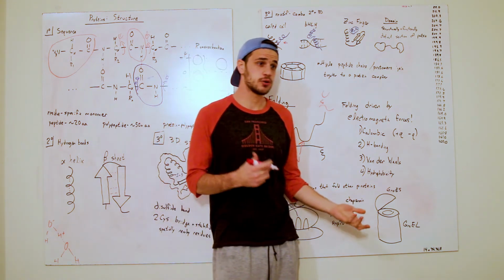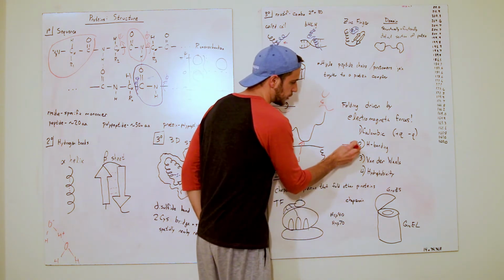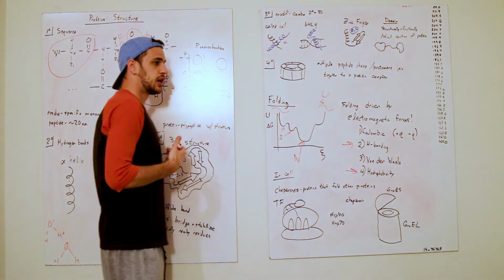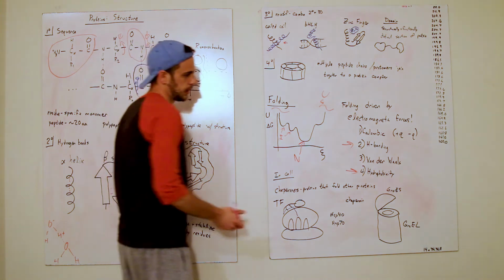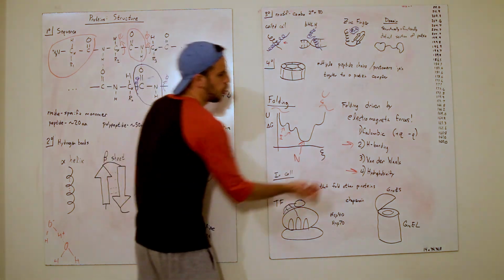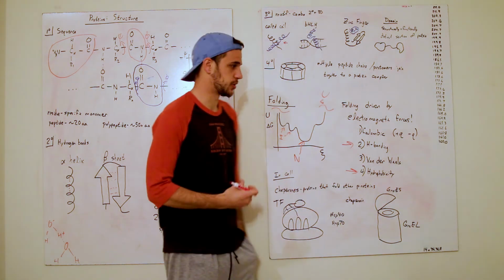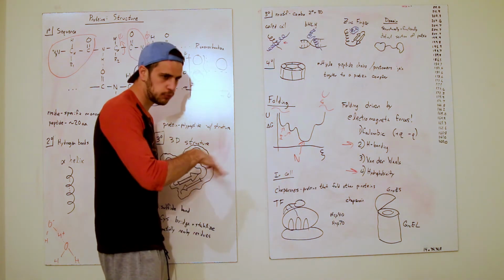The 2 that are arguably the most important are hydrogen bonding and hydrophobicity, with a lot of studies arguing that either hydrogen bonding is the most important, or hydrophobicity, with hydrophobic collapse being the most important. But arguably they're pretty much the same.